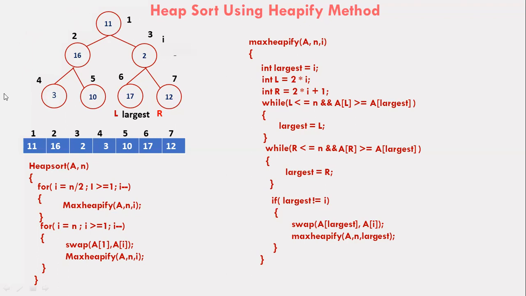Then again we have to apply the max heapify method on this particular node, leaving this last node. That's why once again we call max heapify A of n comma I. This is the method we are going to use for heap sort.